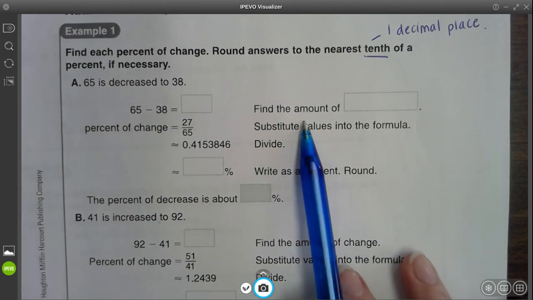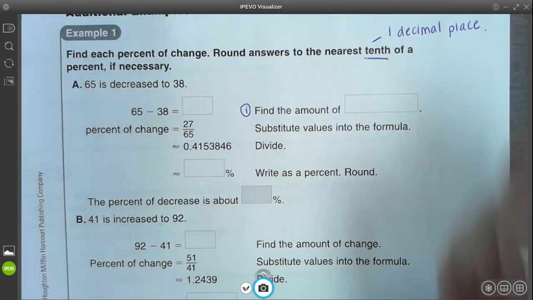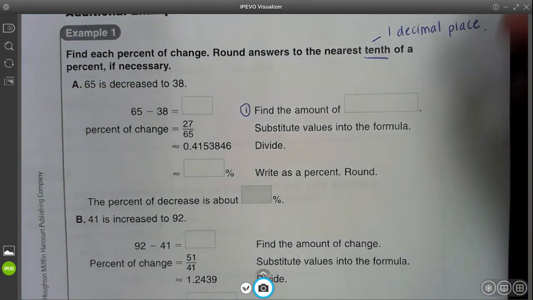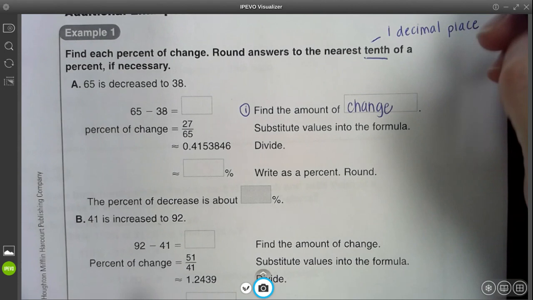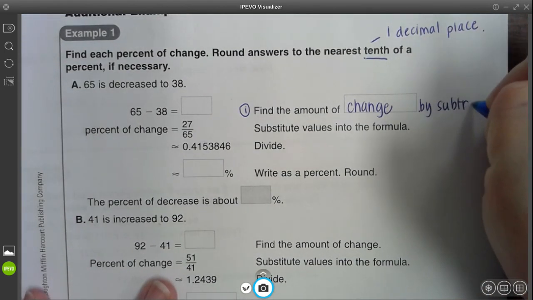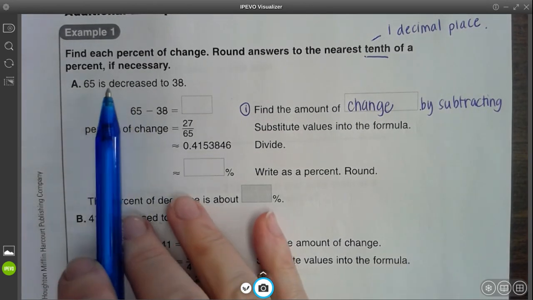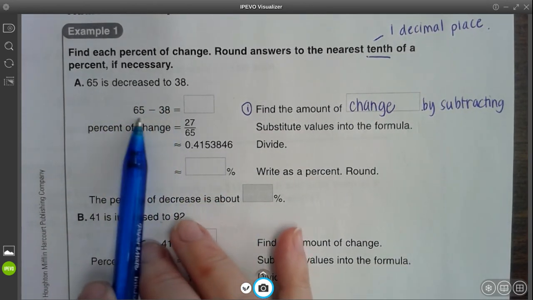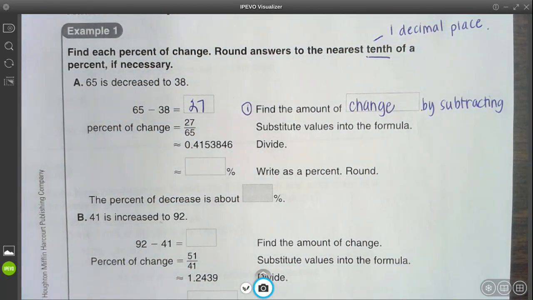So the way that they do this, I kind of agree with the first step, but not really the second step. So the first step is we're going to find the amount of change, and we do that by subtracting. Okay, so how much do we change from 65 to 38? So the first step is to subtract the numbers, and we get 27.